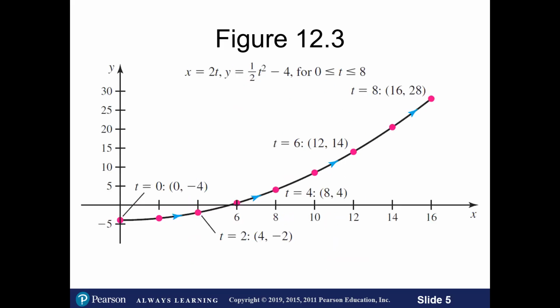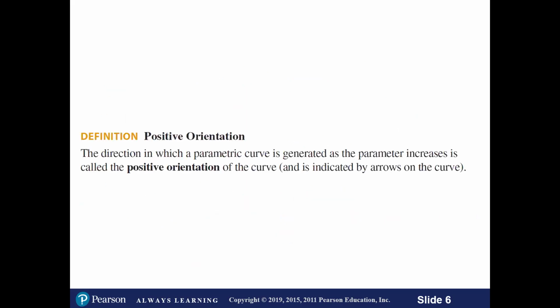And notice that as we increase t from 0 to 8, the path this traces out has a direction to it. It moves in a particular direction. View it as you're drawing the curve. I put my point down here at -4, and as I increase t and I'm drawing my curve, I'm moving my pen in a direction.